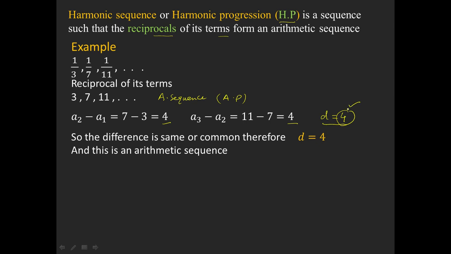Now we will find the nth term or the general term of this harmonic sequence. For this we will first find the nth term of this arithmetic sequence, and then we will take the reciprocal and we will get the nth term of the harmonic sequence.